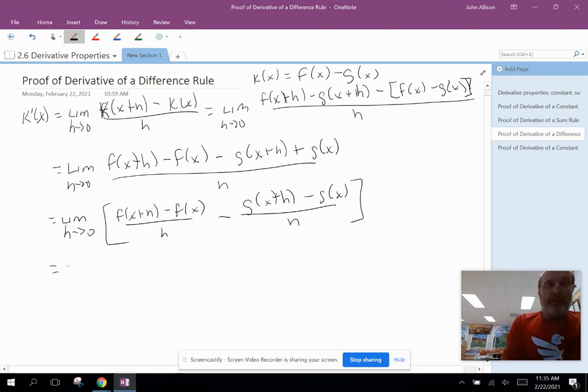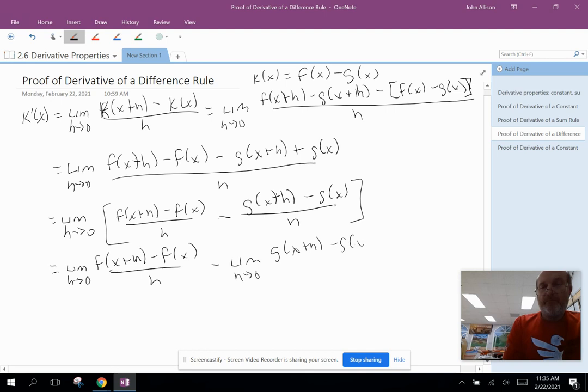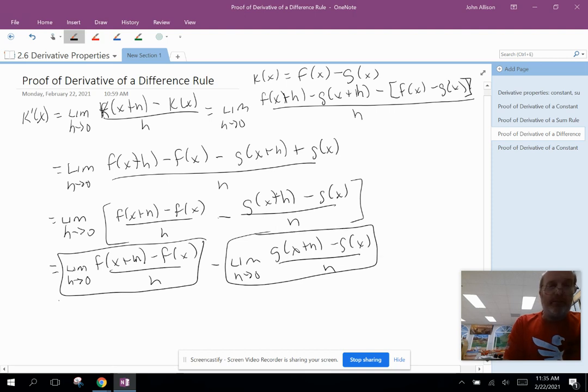And the limit properties say this is the limit of the first minus the limit of the second. And this is the definition of f prime of x, and this is the definition of g prime of x.